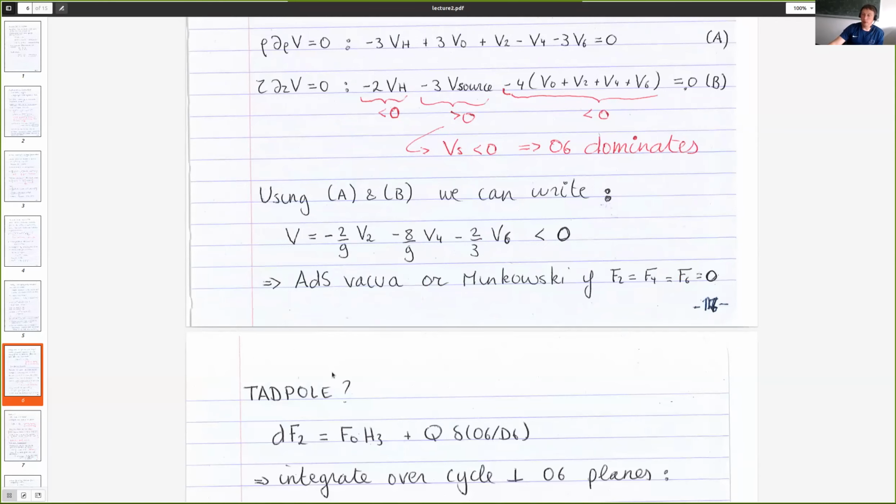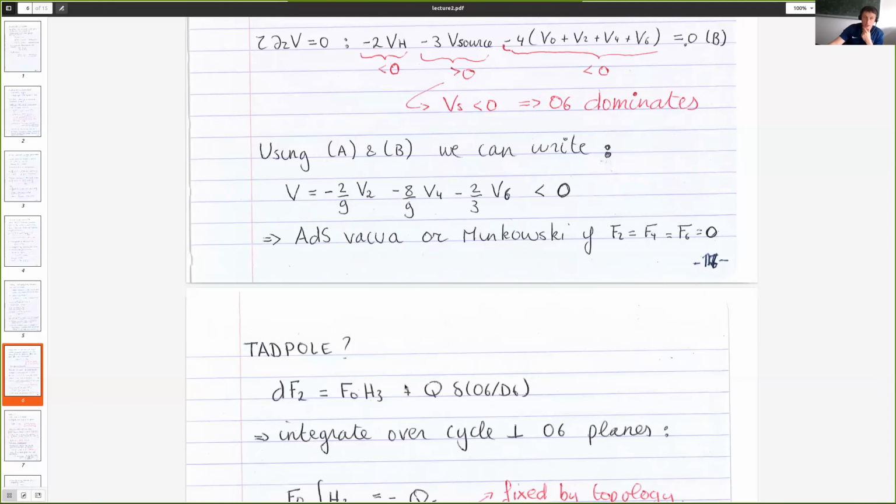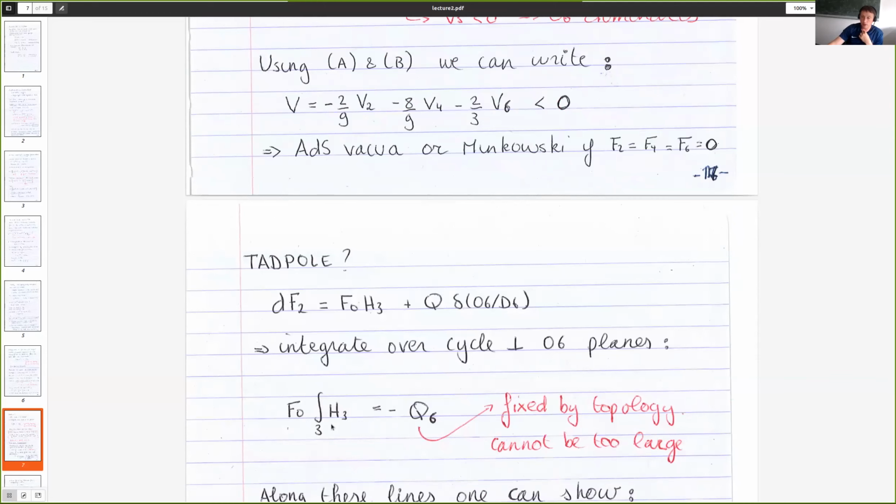What about tadpoles? Before I showed you the tadpole used in GKP, now there is again one. The equation we have is dF2 equals F0 wedge H3 plus Q times the source, right? The same trick tells me that if I integrate this equation perpendicular to my O6 planes, this is my constraint. Again, this number is fixed by topology, and it cannot be taken too large.